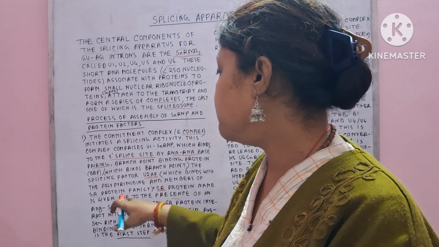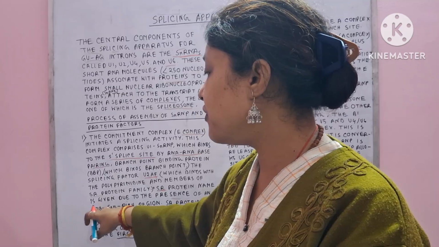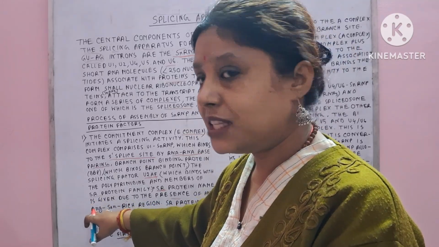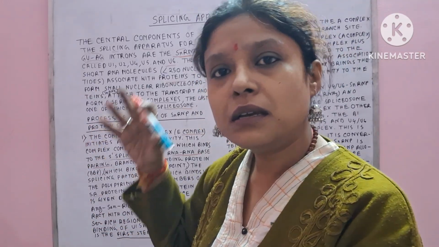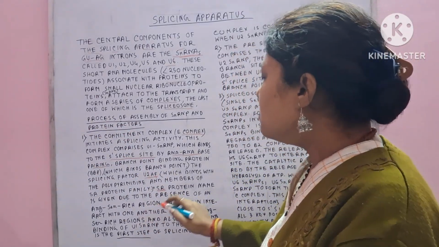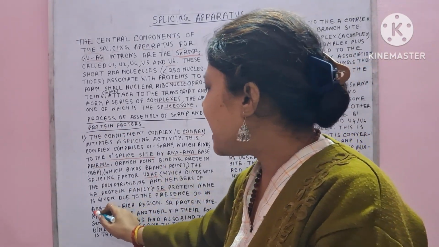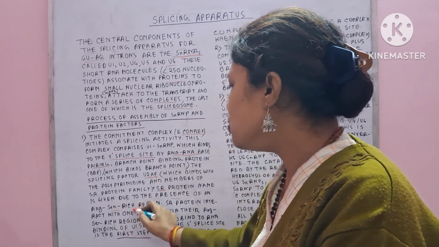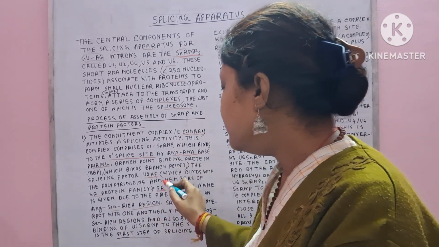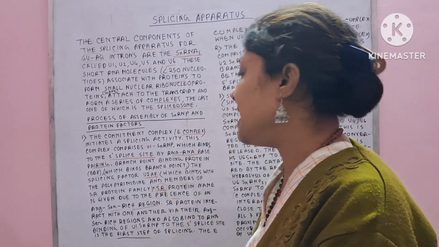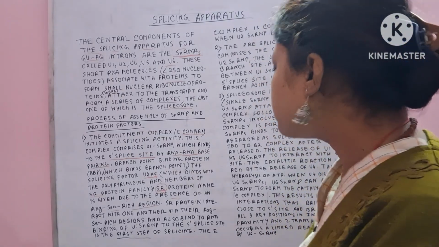Here I have just written the amino acids in short form. So because of the presence of these ARG and ACR rich regions, the protein is named SR protein. Clear?